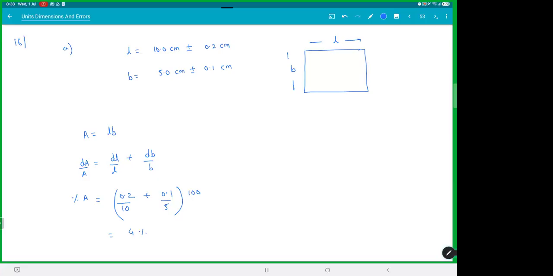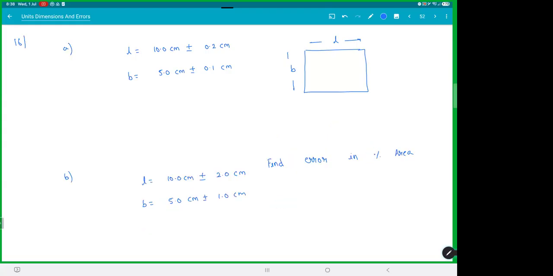But if you do the same thing for the other one, you will notice you get a pretty big value. How much was the error? 2 centimeter.